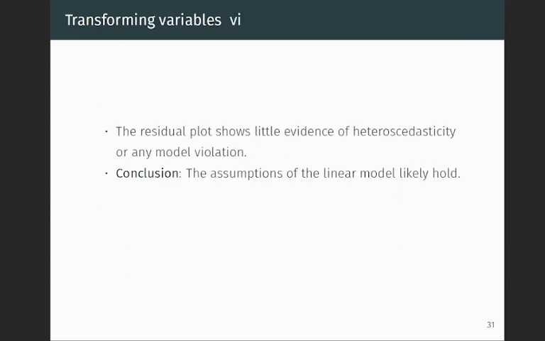So I would conclude that the residual plot shows little evidence of heteroskedasticity or any model violation whatsoever. So the conclusion would be that the assumptions of the linear model probably hold here. And so I wouldn't look at further transformations or changes to the model.